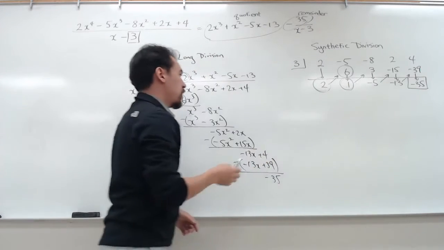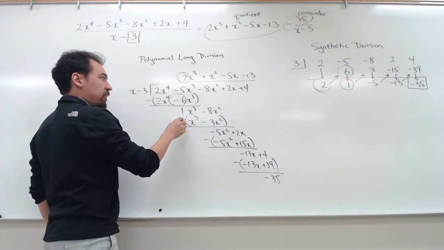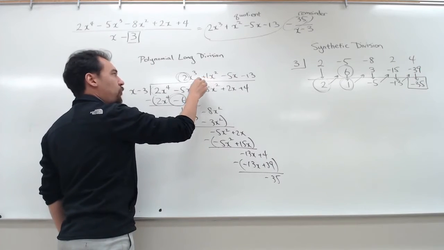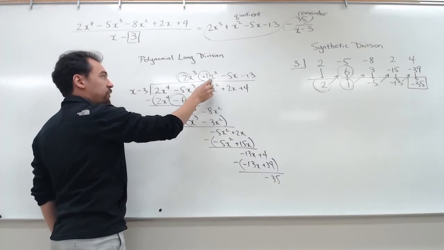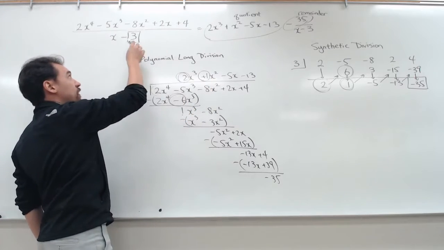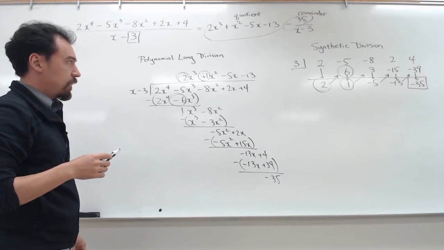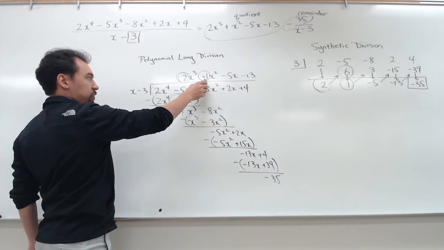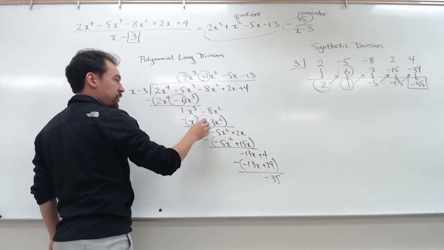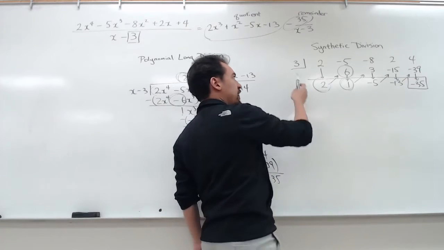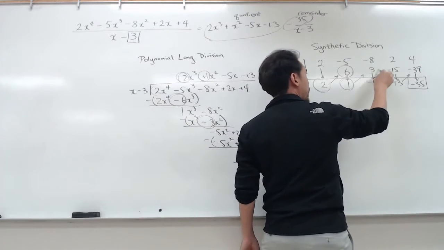And that 1 represents this 1 here, which is going to match the 1 in the coefficient of this next term, because the coefficient on this x is 1. So, here in long division, 1 times negative 3 gives me this negative 3. But since I flip the sign in synthetic division, I get the opposite, positive 3 here.